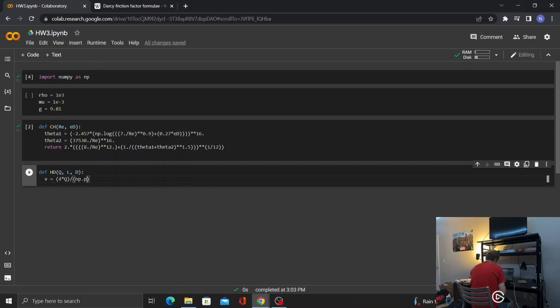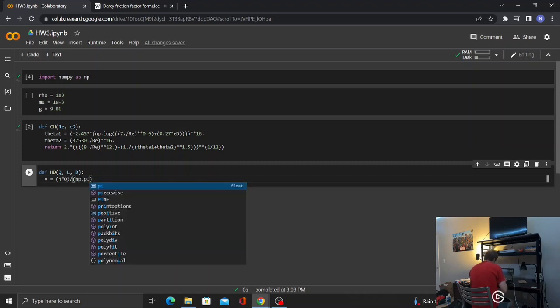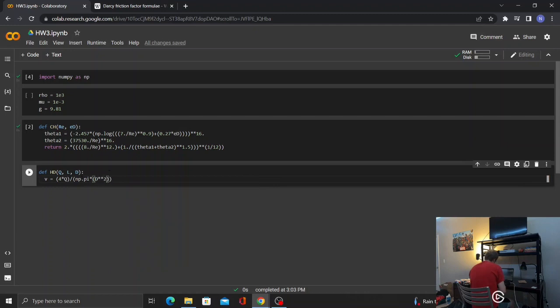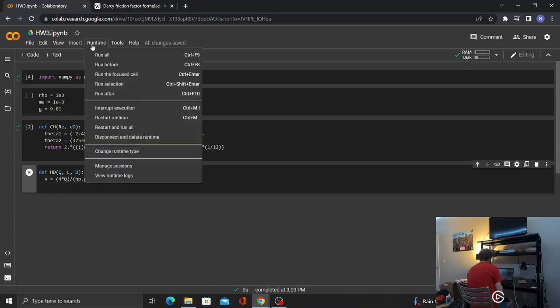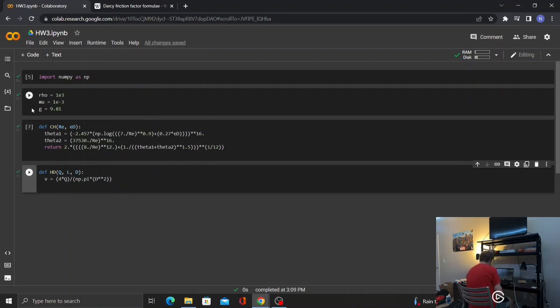So numpy pi times d squared. And I'm just going to run all right now before we forget to define these variables and everything.